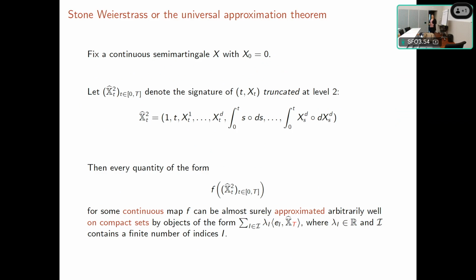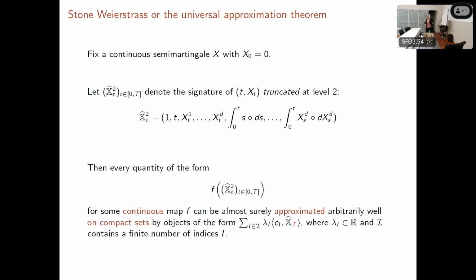Okay, why? Because you go from the trajectory to the final point, from continuous function to polynomials, from polynomials to linear maps. Note that here I'm being on purpose a bit sloppy on what we mean by continuous, because if you want to define what is continuous, you need a topology on the space of trajectories, and also to define what we mean by compact set. But still, this is the principle, okay?